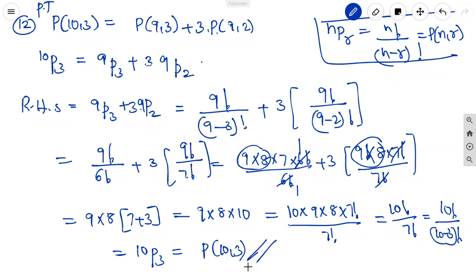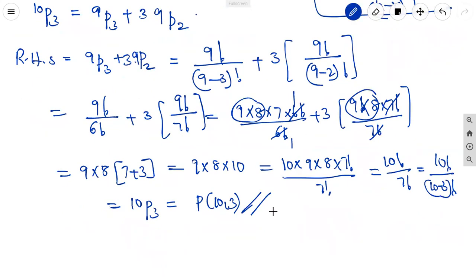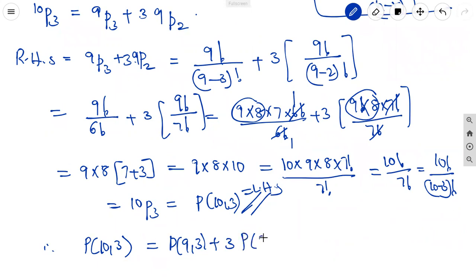This is the answer. That is nothing but LHS equal to RHS. This is the LHS term. Therefore, LHS equals RHS, meaning P(10,3) equals P(9,3) plus 3 into P(9,2). It's proved.